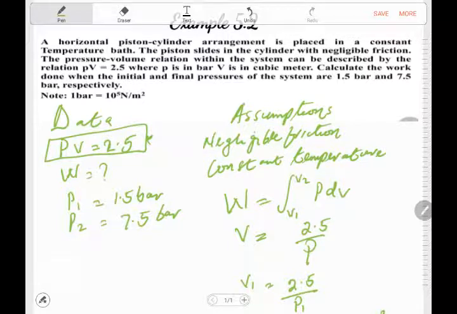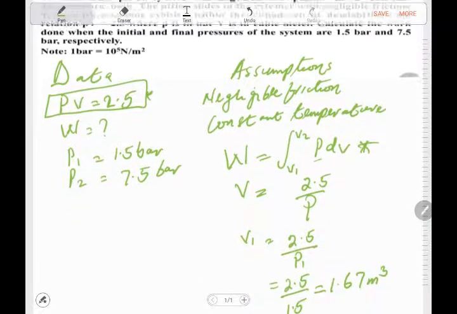In this formula, we have to integrate dV, so we are going to use the relationship between P and V to do this integration. But please take note, we are going to find our work in SI unit, so our pressure must also be in SI unit.